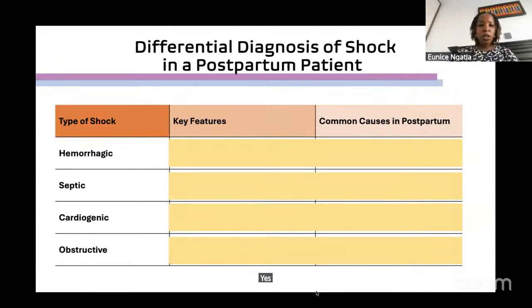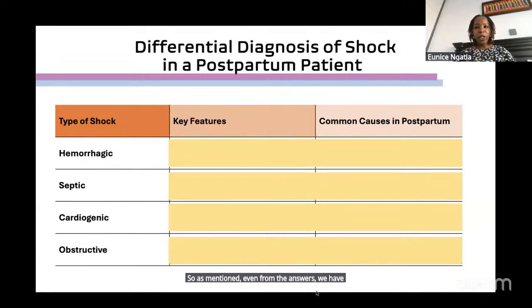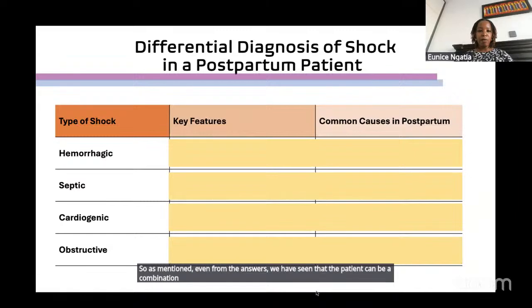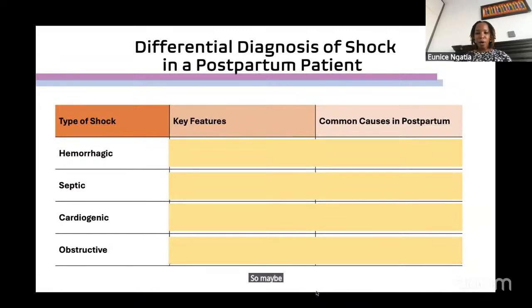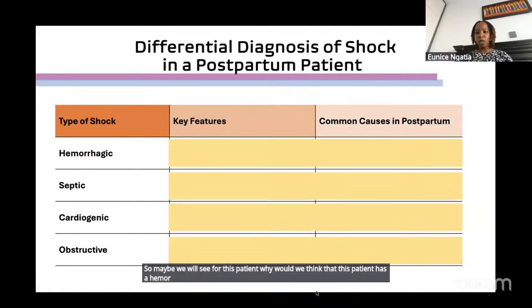So as mentioned, even from the answers, we have seen that the patient can have a combination of different factors. So maybe we will see for this patient, why would we think that this patient has a hemorrhagic shock? Maybe someone can type in the answer.